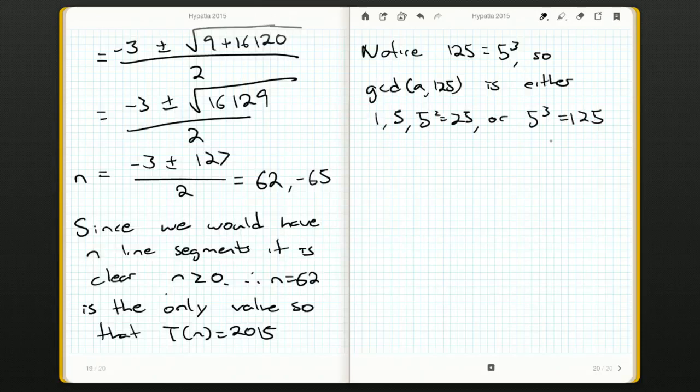Okay, so that narrows it down. Our GCDs are going to fall into 4 categories. Either the GCD of a number and 125 is 1, 5, 25, or 125. These are the only possible GCDs, because each of these numbers is just a power of 5. So it might be a good idea to count up how many 1s, how many 5s, how many 25s, and how many 125s occur.